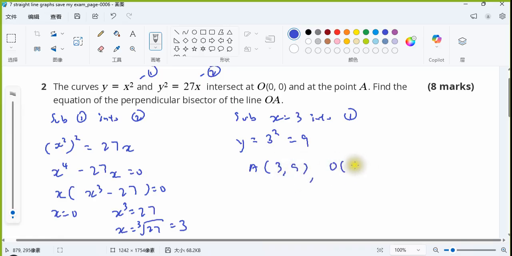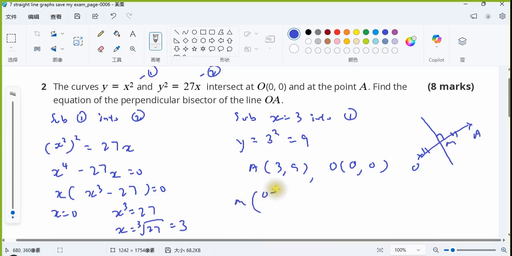And then the point O is (0, 0). So we want to find the perpendicular bisector of OA. So we have O, and then we have A here. The perpendicular bisector will pass through the midpoint.